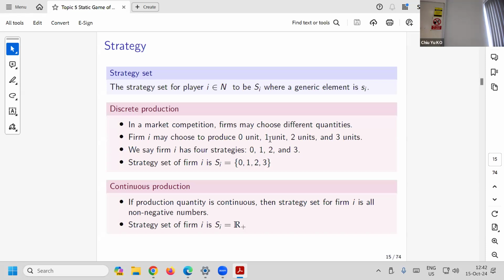Do note that when you go to continuous, things can become complicated, and there's a complication of existence of equilibrium. So these are the things you have to be very careful about when you do a model that has not been solved by other people. When you venture into unknown domain, you have to be very careful.